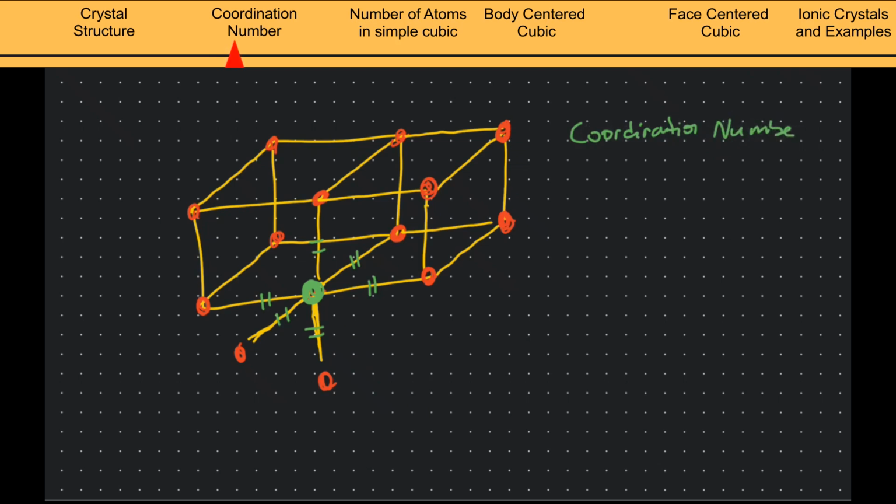The coordination number is defined as the number of atoms surrounding an atom or ion in a crystal lattice. If we count it for this atom, it is 1, 2, 3, 4, 5, and 6. So our coordination number for the simple cubic is 6.